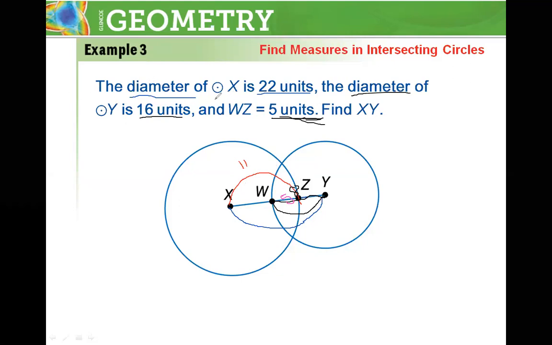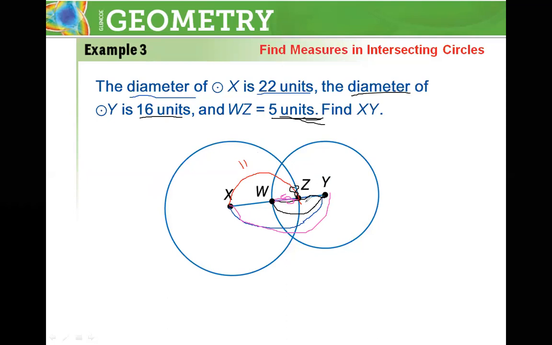The diameter of circle X is 22, so we deduce with Abdullah Shafi that XZ is the radius of the first circle, which is half the diameter, equal to 11. In the same way, the small circle, circle Y, has diameter 16. With Abdullah Al-Anazi, we get the radius is 8. And this part, drawn in pink, is only 5. I need to find XY, all of it.